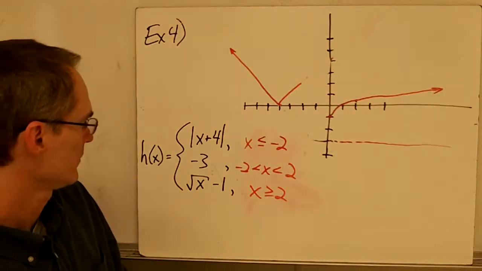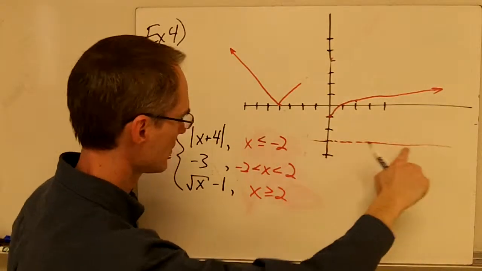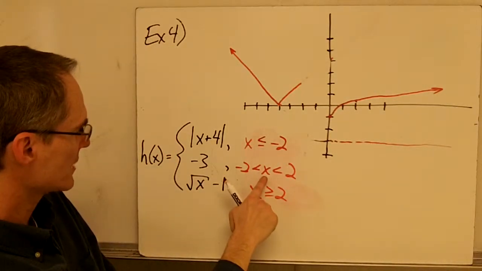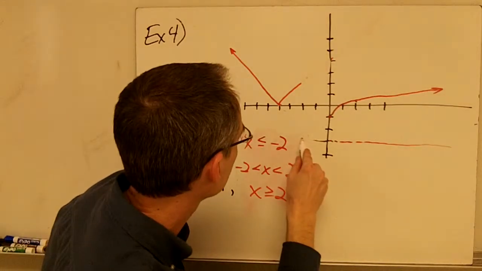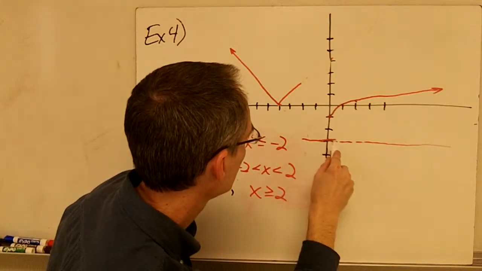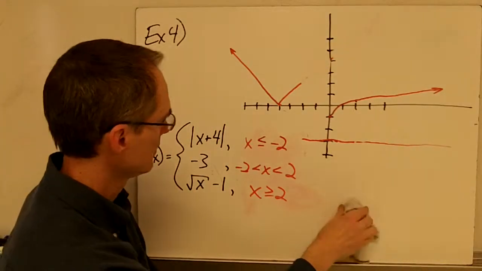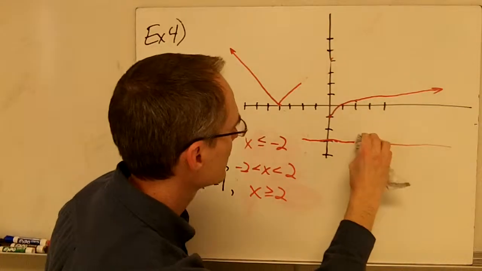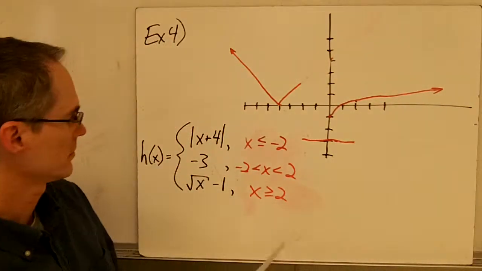All right. H of x equals negative 3, that's my horizontal line here, but only when x is between negative 2 and positive 2. So that's going to be from here over to here, and everything where x is greater than 2, erase that part.